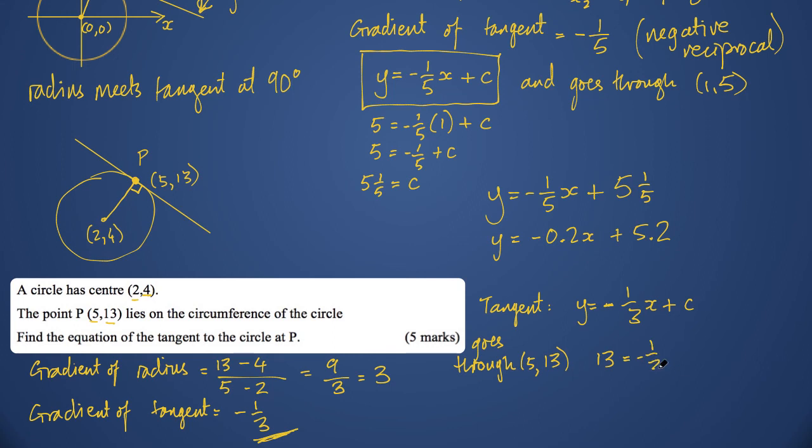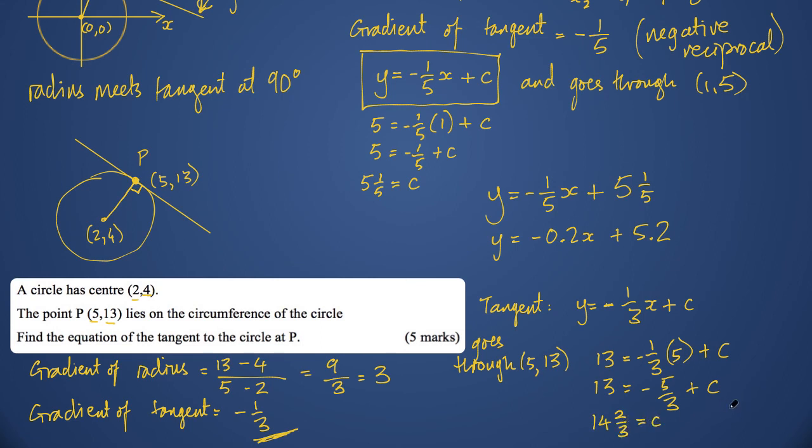I've still got this minus 1/3. And I substitute 5 in for x, and then I put a plus c on the end. So 13 equals minus 1/3 times 5, which is minus 5/3, plus c. Getting c on its own, I add 5/3 to this side, that is 1 2/3, so that is 14 2/3 on this side, equals c.